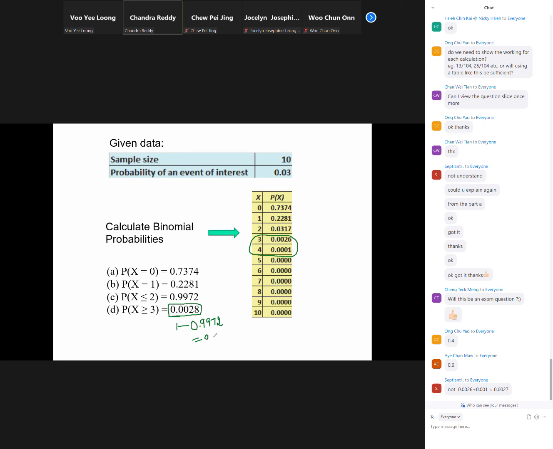So you will get 0.0028. Normally in the exams, if your answer is either 0.0027 or 0.0028, you will be given full marks. When you round numbers, there may be minor variations when you are adding up large numbers.